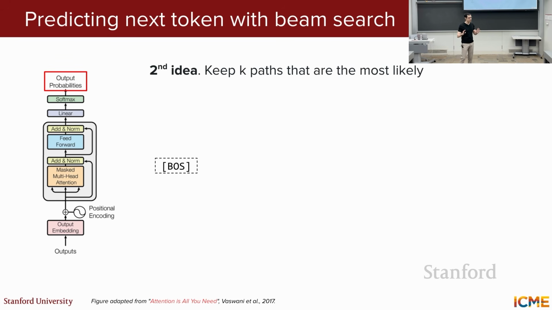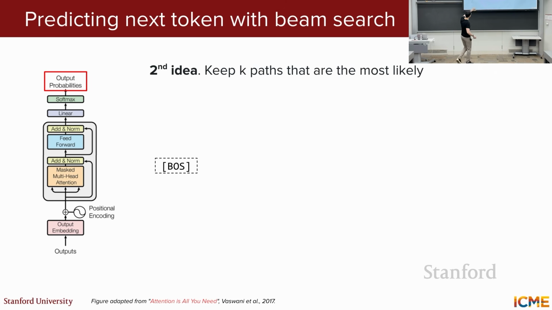I'm not sure if you've heard of beam search, but that's what beam search does. Here k is sometimes called the beam size or the beam width. These are just names given to the number of paths that we keep track of. And this works as follows.